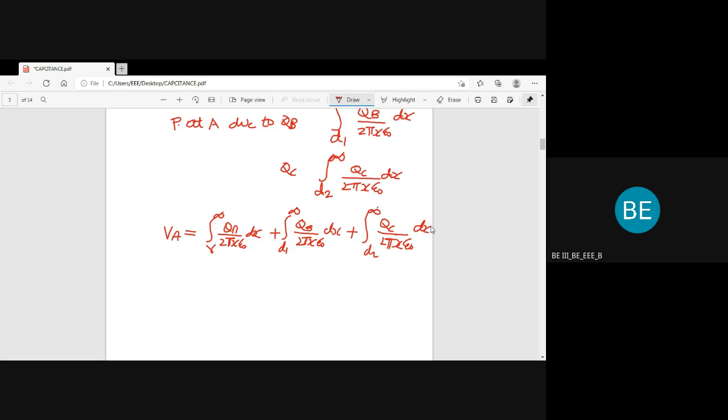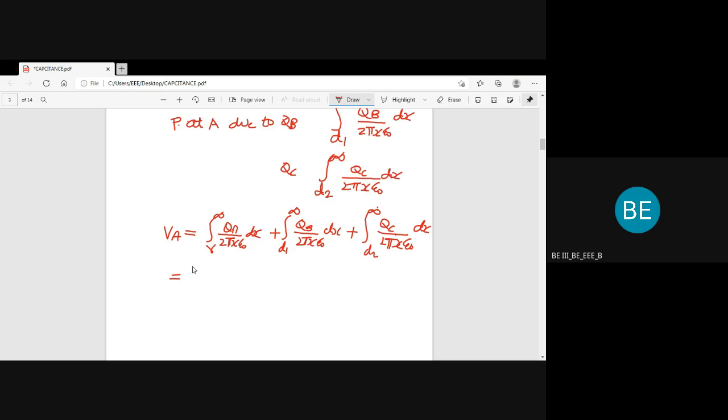Right? So we have to add. If I consider another 3, 4, 5, 6 conductors, all those things, we have to add them together. So for finding VA, we have to solve this.